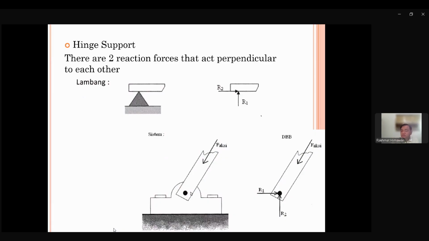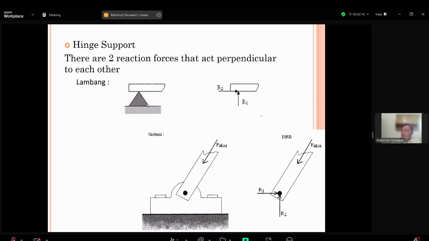We'll say a door knob. The actual picture is something like this, or like your door. But in symbol, we make this a triangle and a rod. So this point of contact is this hinge.